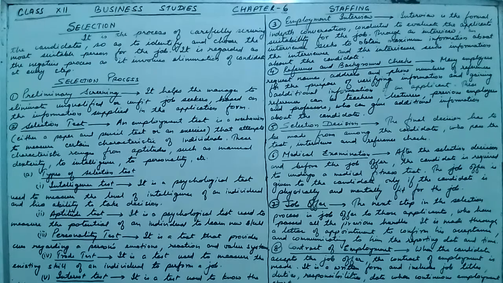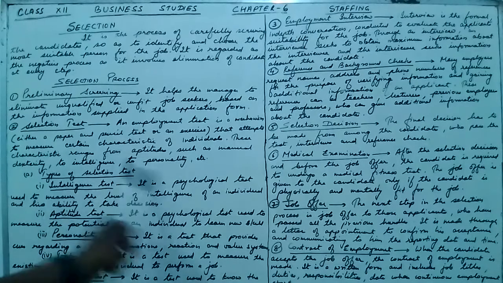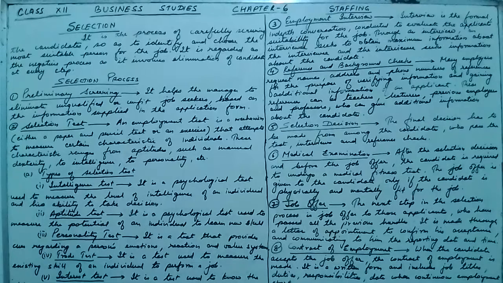These characteristics range from aptitudes such as manual dexterity to intelligence to personality. So in the selection test, an employment test is conducted to measure certain characteristics, which may be intelligence, personality, aptitudes of the employees and others.